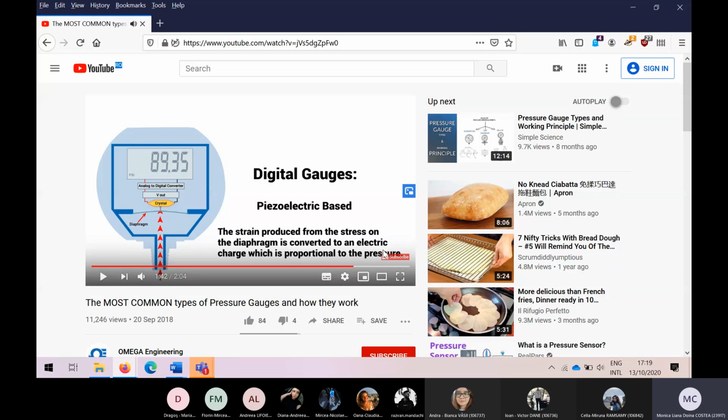This piezoelectric gauge will be discussed a little bit later as an example of electric instruments, but you have here the digital version. I will present the analogue one, and the digital one shows you this information as a variation of voltage, which is proportional to the pressure.